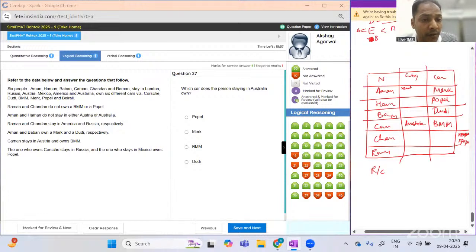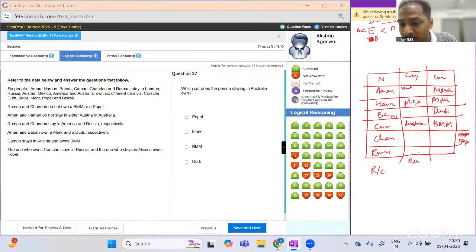Further, someone has to stay in Australia. Who cannot stay in Australia? Aman and Haman. So Baban, Chandan, Raman could stay in Australia. The one who owns Porsche stays in Russia, and the one who stays in Mexico owns Opel. So this is Mexico. One of them has to own a Porsche and stay in Russia.